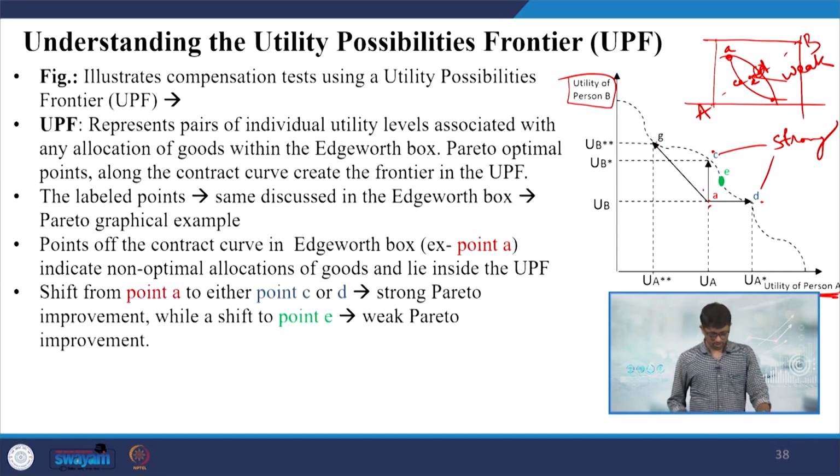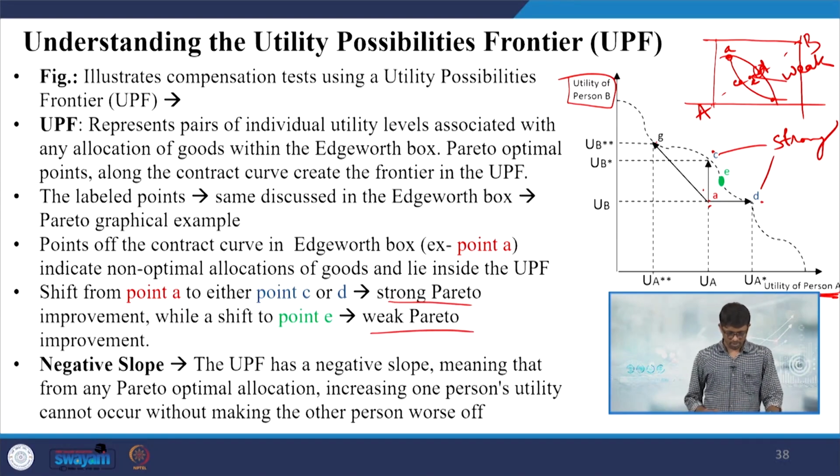So, we have once again clarified strong Pareto optimality or improvement point and weak Pareto improvement points, and the UPF has a negative slope, meaning that from any Pareto optimal allocation increasing one person's utility cannot occur without making another one worse off.